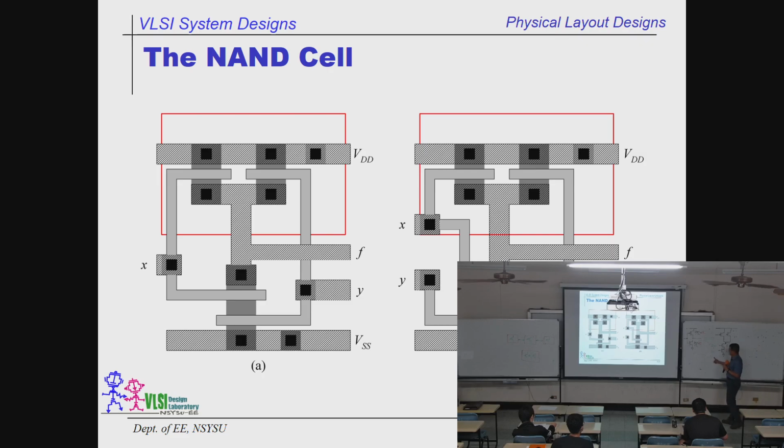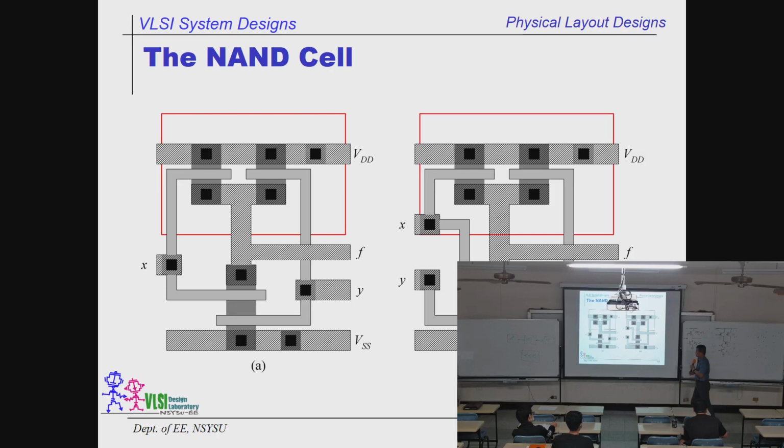So in this way, we are going to have the same current sinking capability as a single inverter. And because they are parallel, nothing will be changed, so the W stays the same. 2W and 2W.